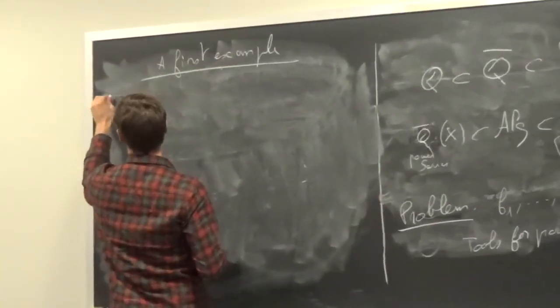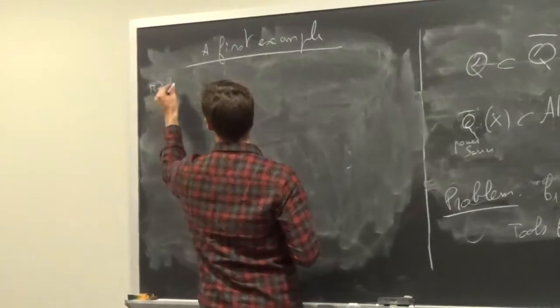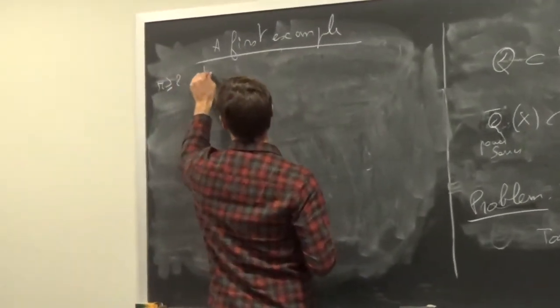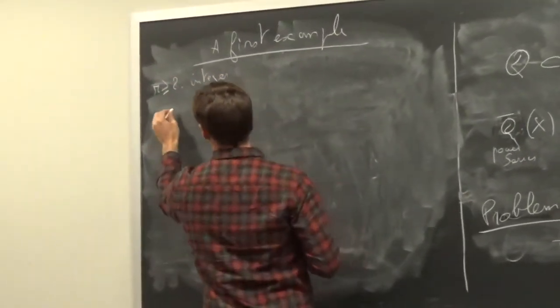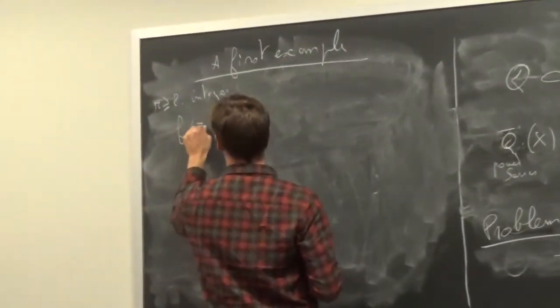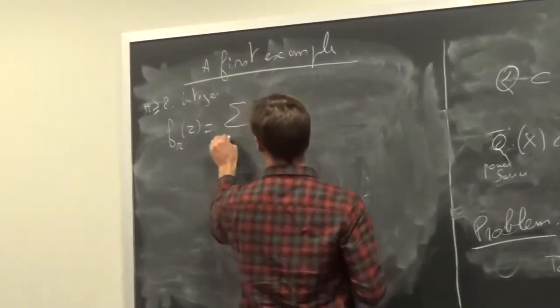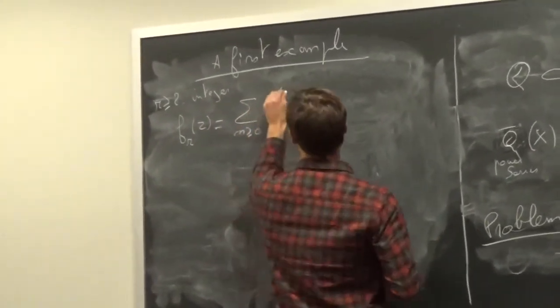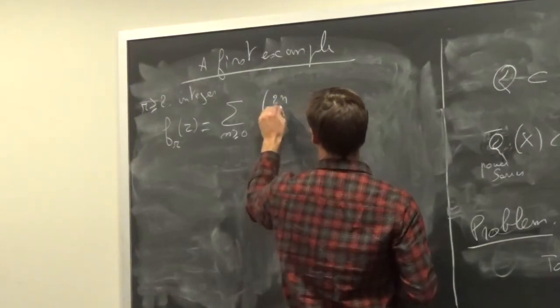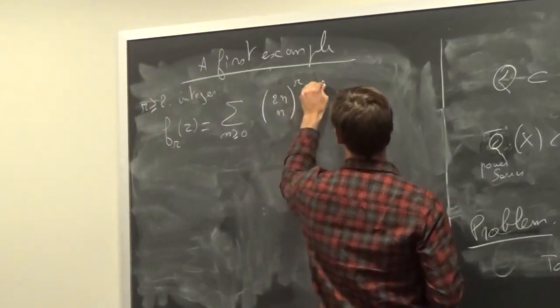We pick r equal to 2, a natural number. The series we are interested in are F_r of z, which are defined to be the sum of the central binomial coefficient to the power r, times z to the n.